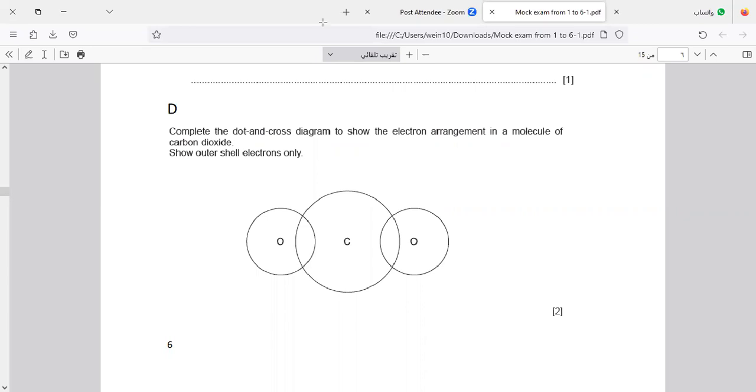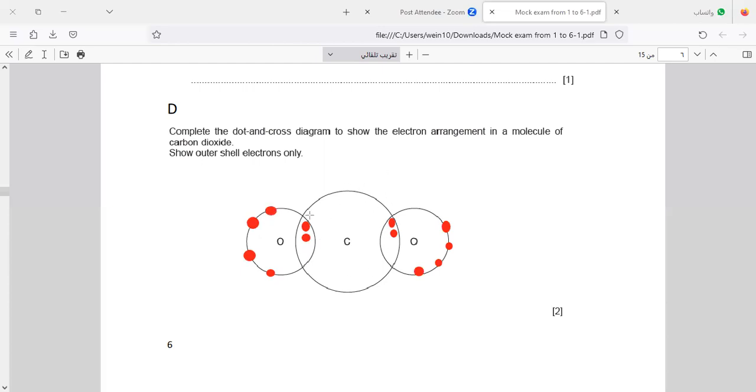Oxygen needs 2 electrons to be 8, so it will share 2 electrons. 1, 2, 3, 4, 5, 6. These are the electrons of oxygen. On the other side, oxygen also needs 2 electrons to be 8, so it will share 2 here, complete. 1, 2, 3, 4, 5, 6.